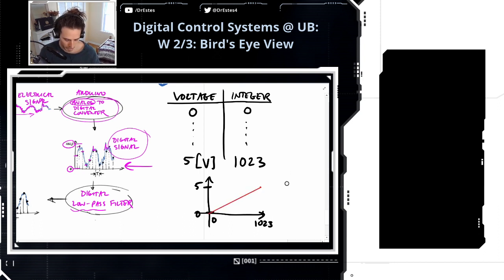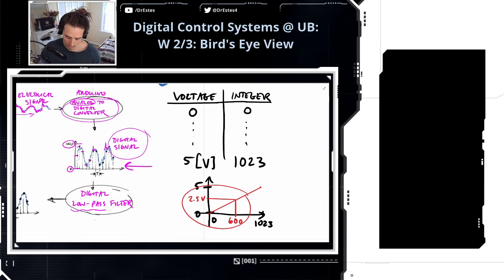So if I'm getting a number that's like 600, we were seeing that coming up sometimes, then you follow that across. And I could be like, oh, that's, I don't know, that's 2.5 volts or something like that. So I could build a line into my code that does this conversion for me. And that's what calibration is.